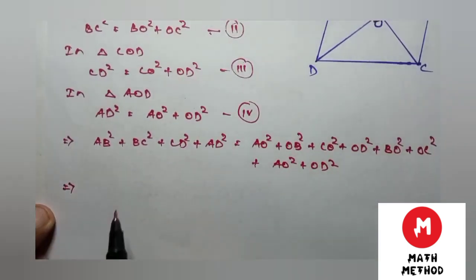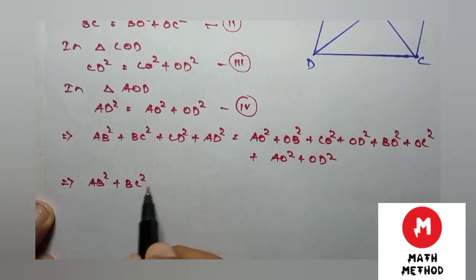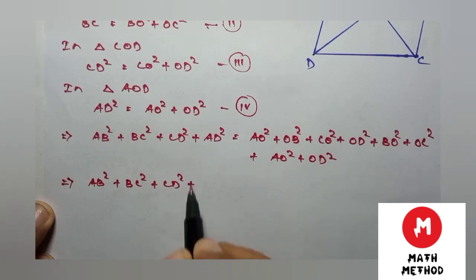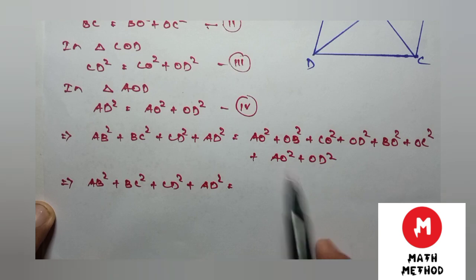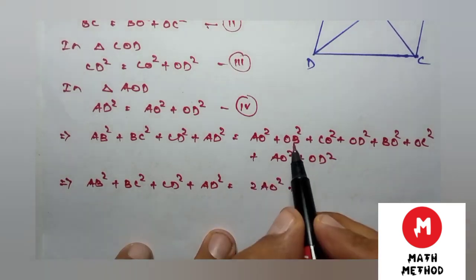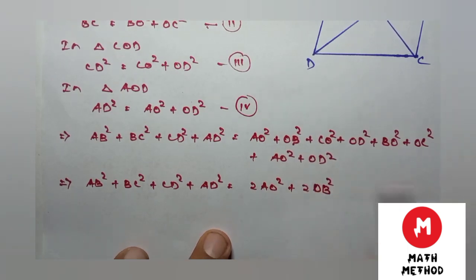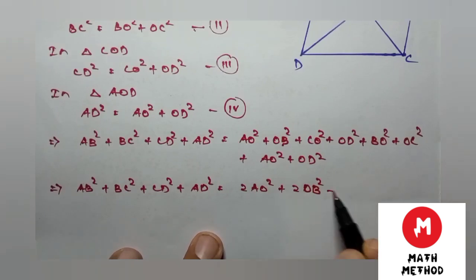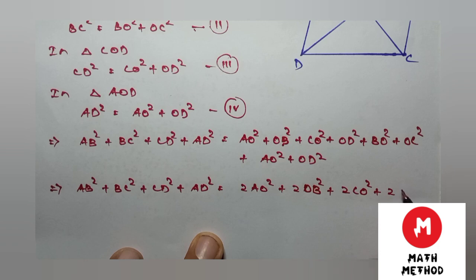Here AO square is added with AO square, which is 2AO square, similarly OB square with OB square is 2OB square, plus CO square plus OC square is 2CO square, plus OD square plus OD square is 2DO square.